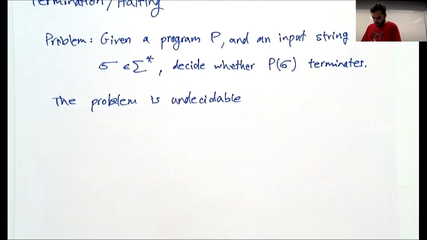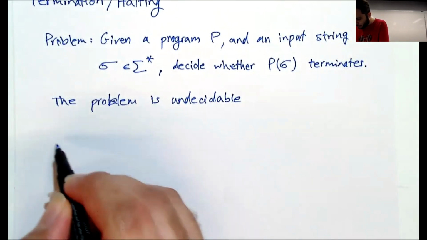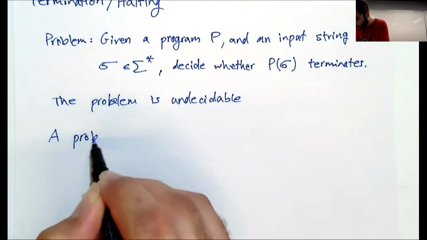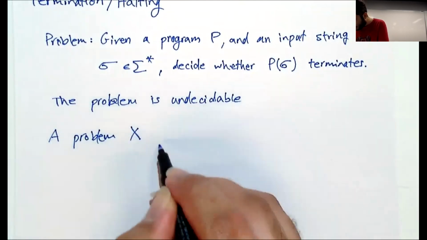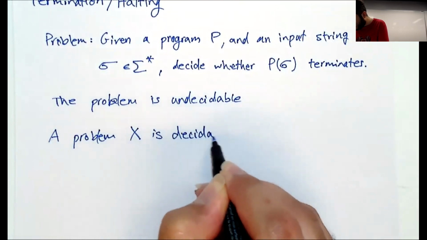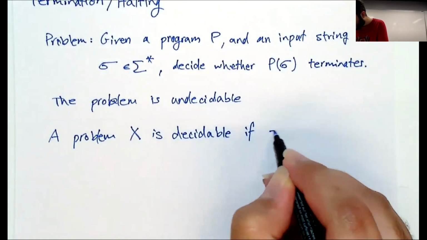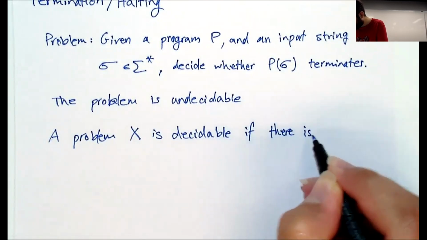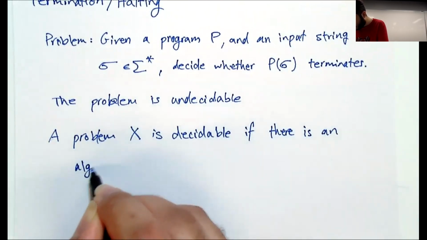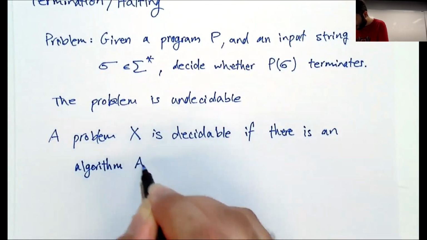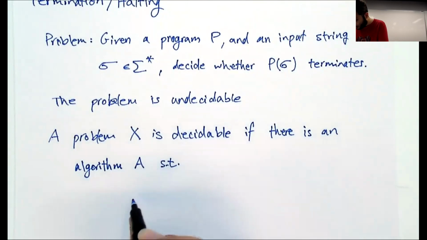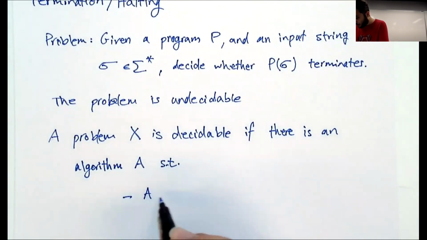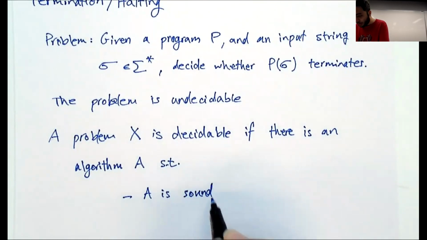And to be more exact, for a verification problem to be decidable, there should be some algorithm. So let me write it like this. A problem X is decidable if there is an algorithm or a Turing machine, an algorithm A, such that, first of all, A is sound. What does this mean?